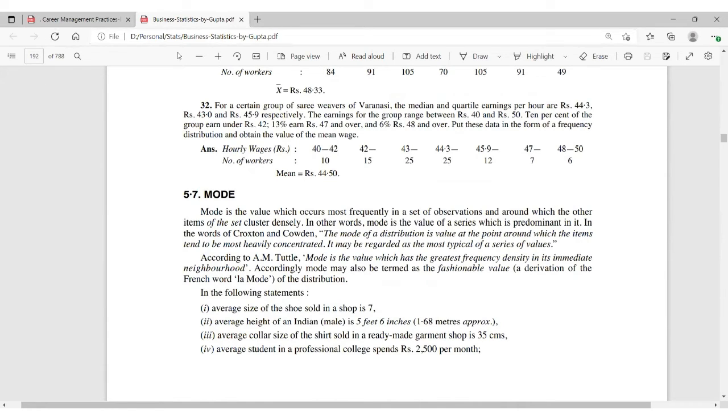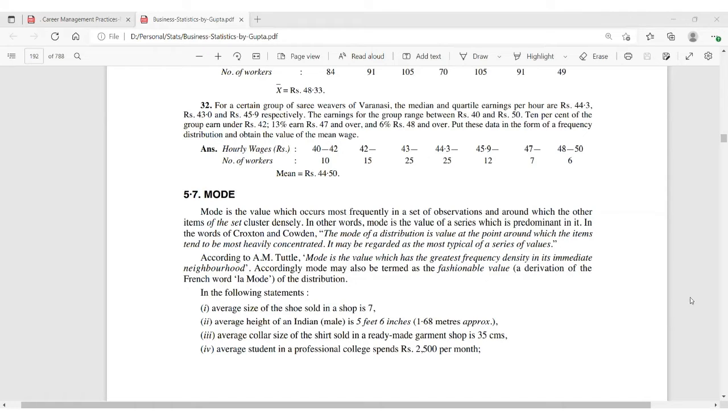Let me start the new topic. Sir, I would request that we need to practice more on the earlier examples given in our own copy.